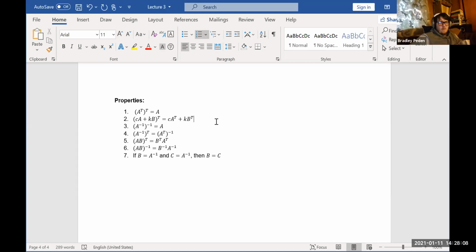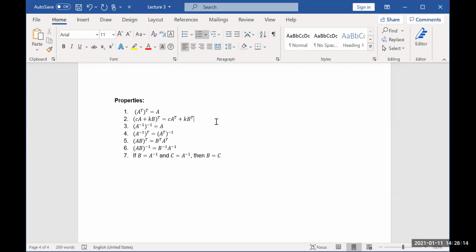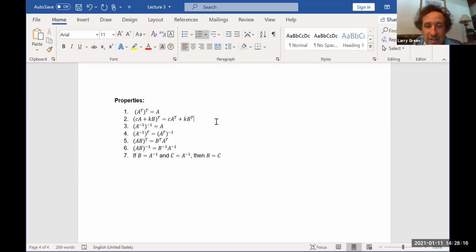A. No. Well, what's the definition of inverse? It's ones, right? Like a matrix of ones. Yeah, except we don't use one. What do we use? I. I. So it's not the matrix of ones, it's the identity matrix, where one is along the diagonal, zero is everywhere else. Does that make sense?